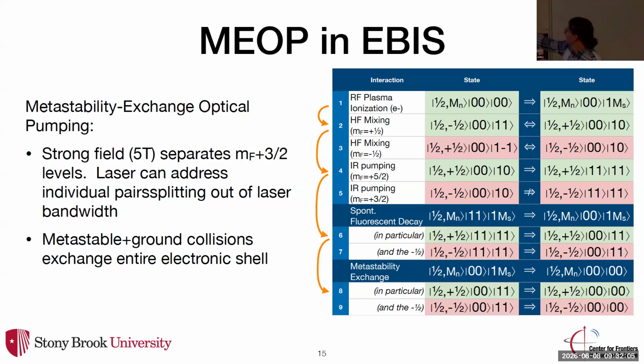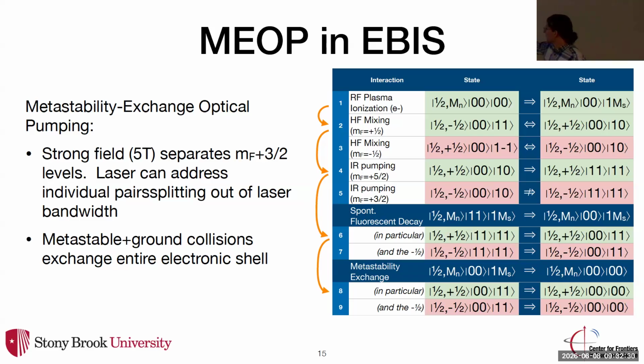At the same time, hyperfine mixing is also taking the state where it's spin down instead of spin up, and mixing that. So this one is also oscillating between neutron spin up and neutron spin down at a very high rate. And that's where that strong field comes in. Because what we can do is take the state we like, this guy, and pump it up to a different state.